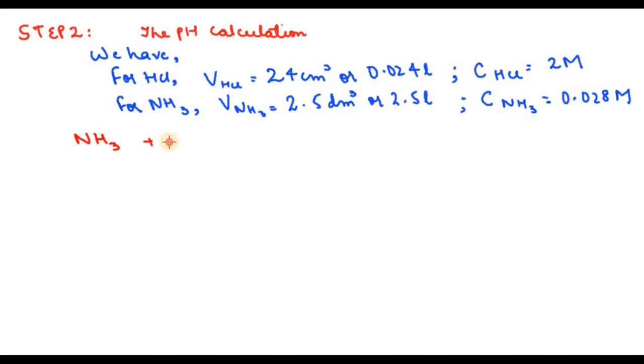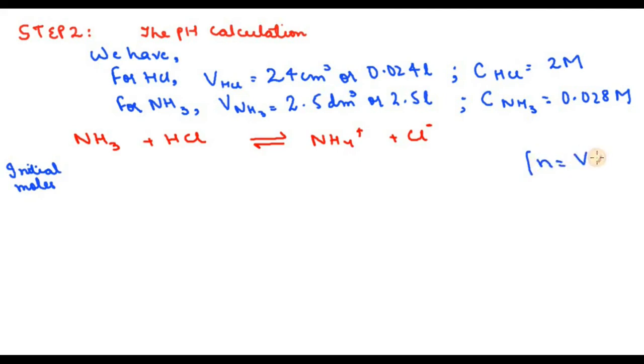NH3 will react with HCl to give ammonium plus and chloride ions. First, we calculate the initial moles for each of the solutions. We know number of moles is equal to volume times concentration. So let's calculate the number of moles for each of the two solutions.